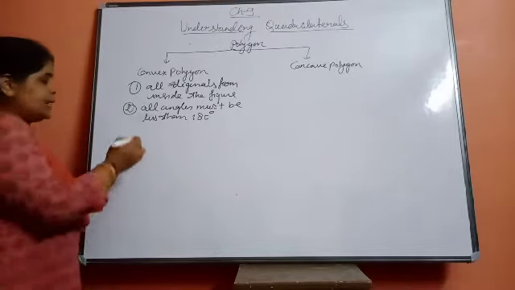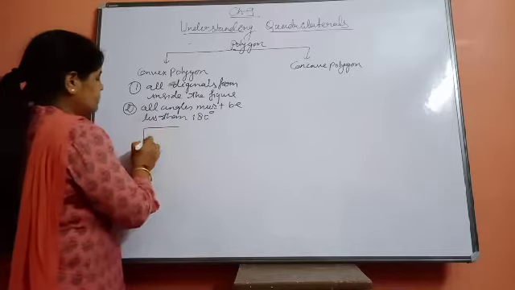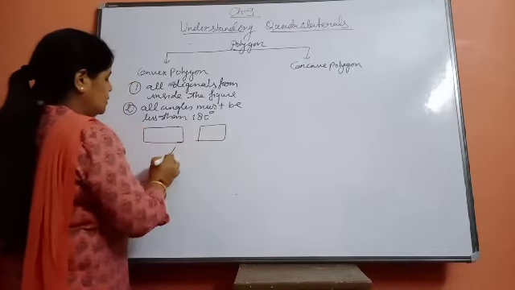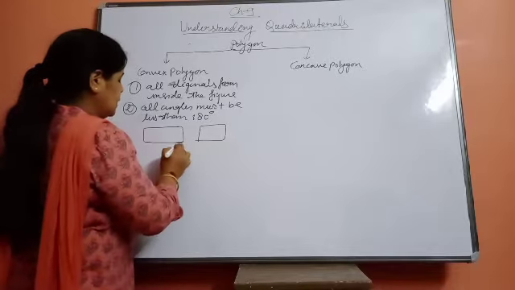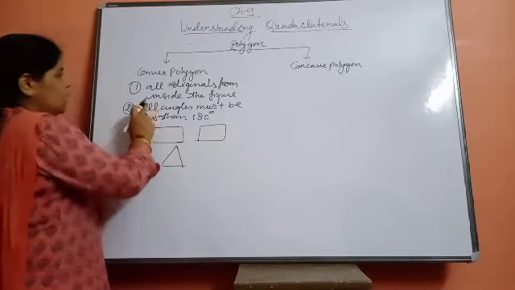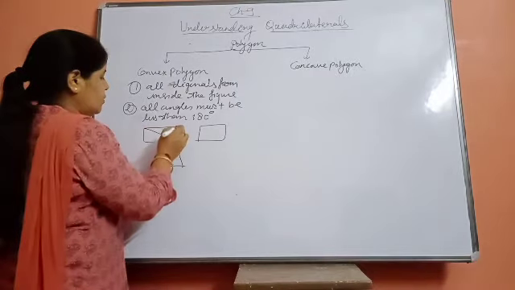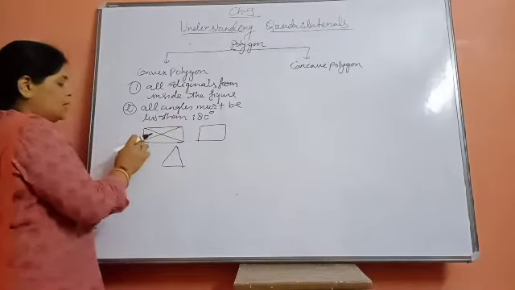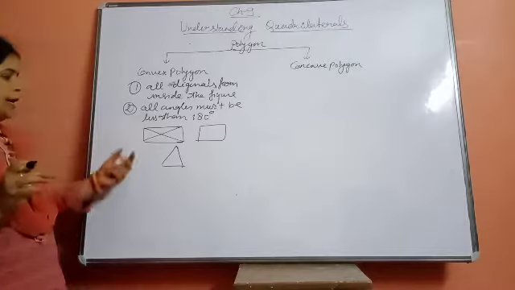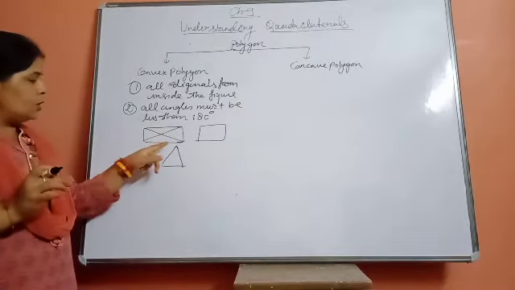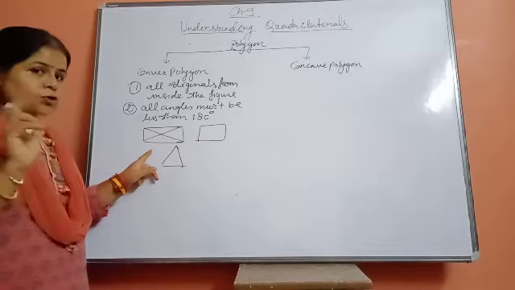Here what can be the example? Rectangle, square, triangles, anything. You can see that here all the diagonals form inside the figure. If I make the diagonals, all the diagonals means if we are joining the opposite vertex, not the consecutive vertex.